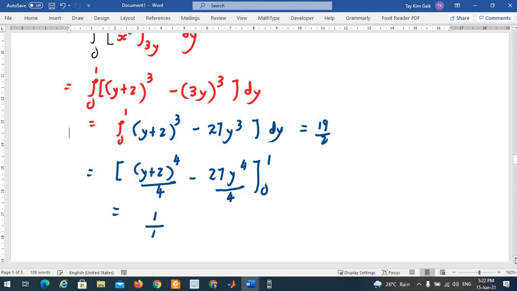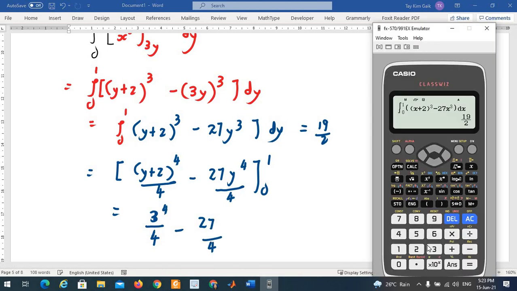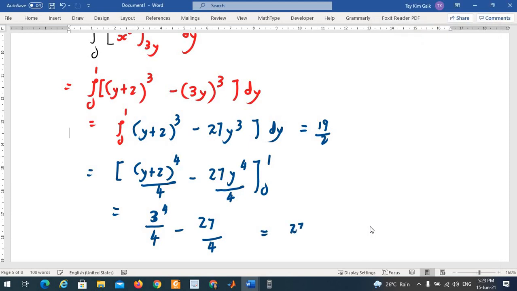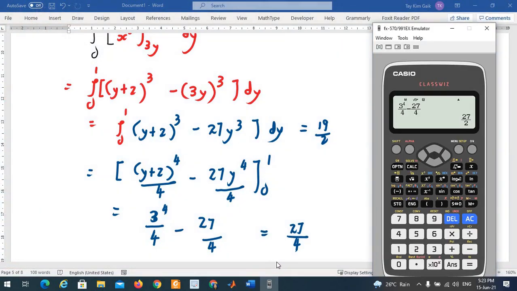So 3 power 4 divided by 4 minus 27 divided by 4. 3 power 4 divided by 4, 8 minus 27 divided by 4, that gives 27 over 2.